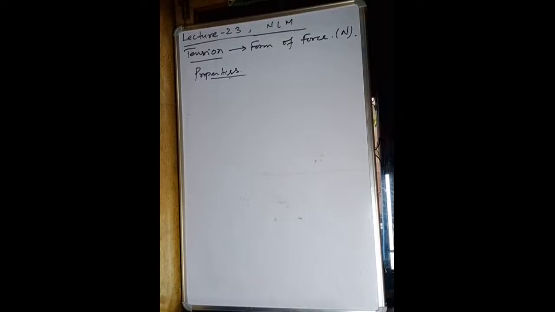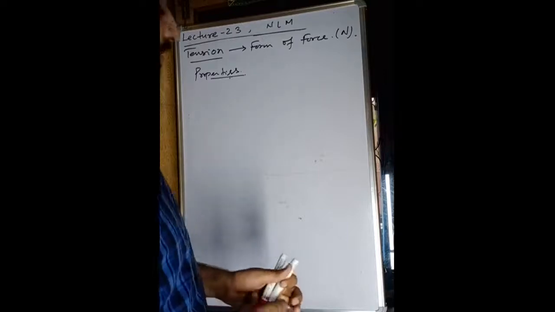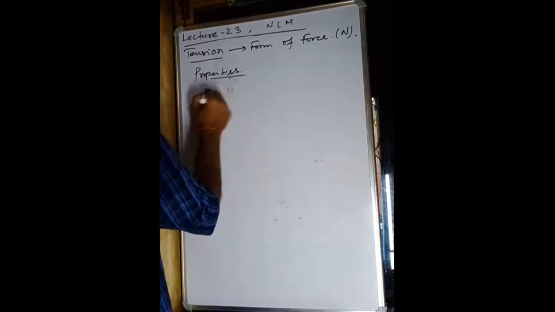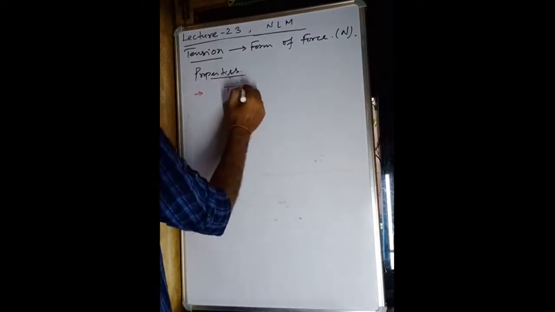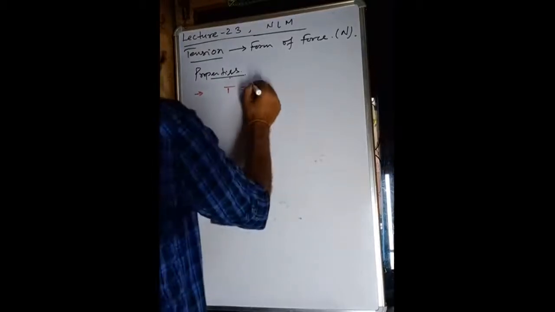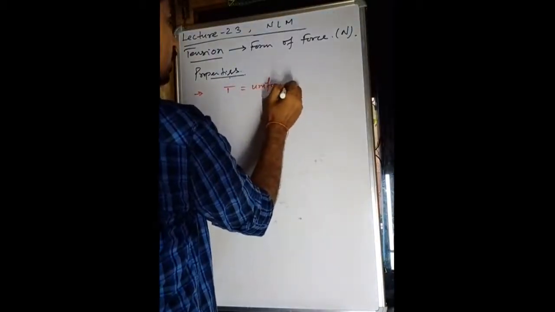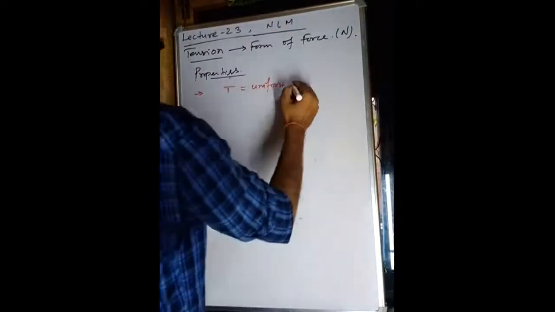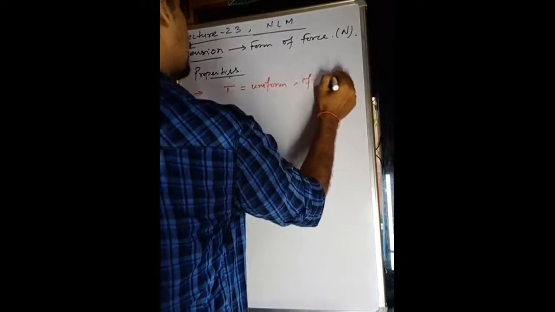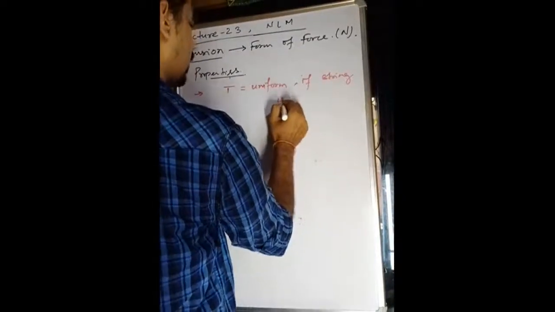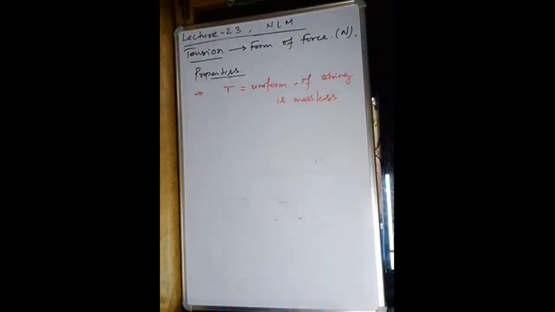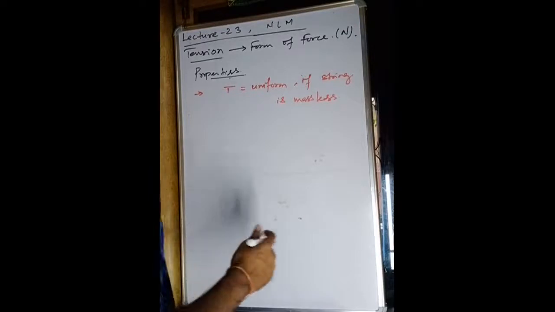What are they? First, tension will be uniform throughout if a string is massless, and we will suppose a massless string as a convention, which is not practically possible.